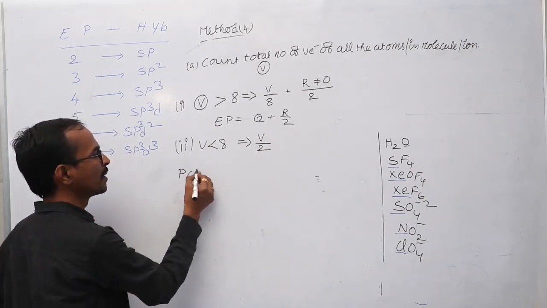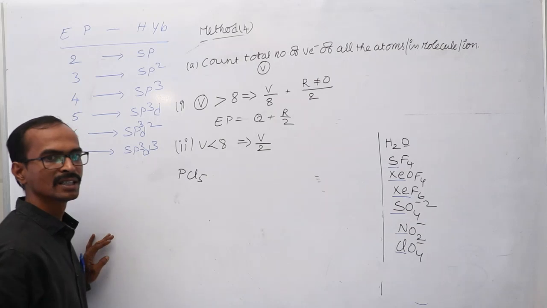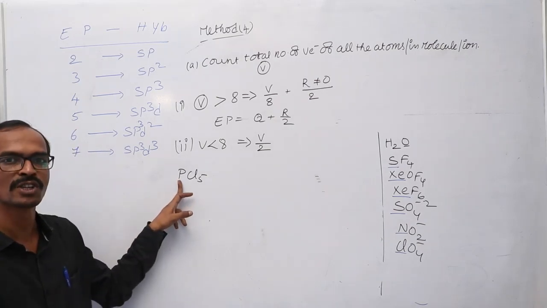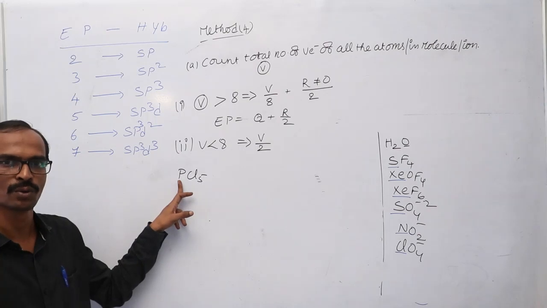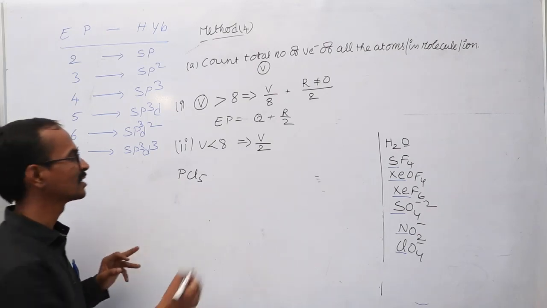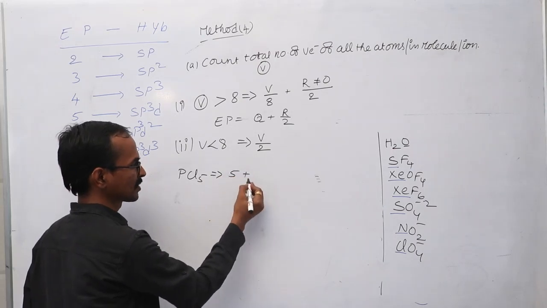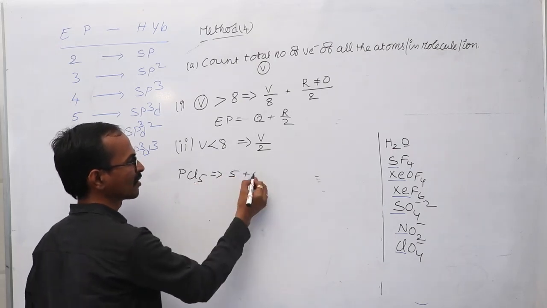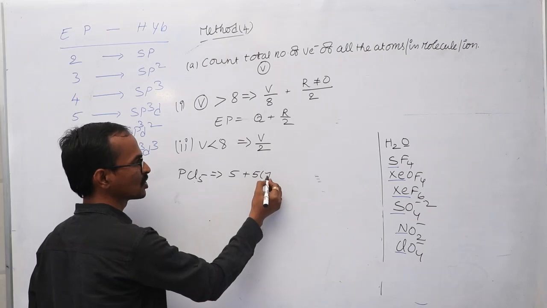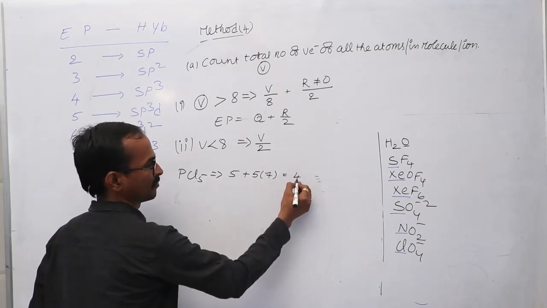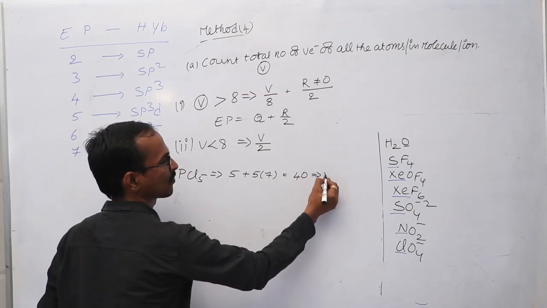Let me take PCl5. Here we are having phosphorus. Phosphorus belongs to which group? Nitrogen group, that is 5A group. So its valency electrons is 5. Plus, how many chlorines are there? 5. Chlorine belongs to which group? 7A group. So the V value is 40.